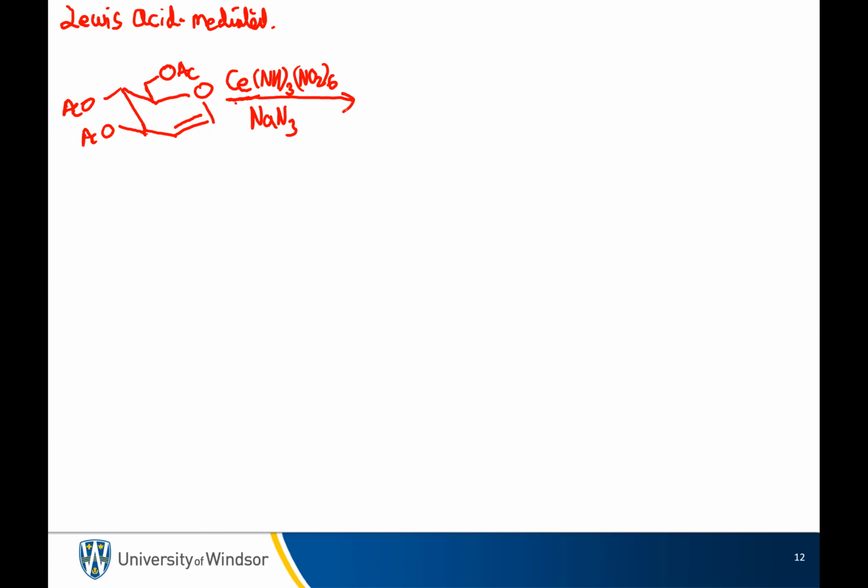I get very uncomfortable with how many bonds that cerium could be making in this situation. Making all the bonds to the nitrates, and the ammoniums are hanging out very close to it. And I do not like this at all.